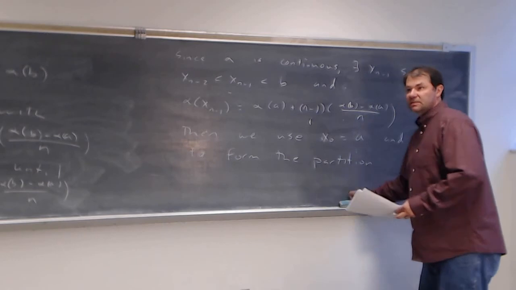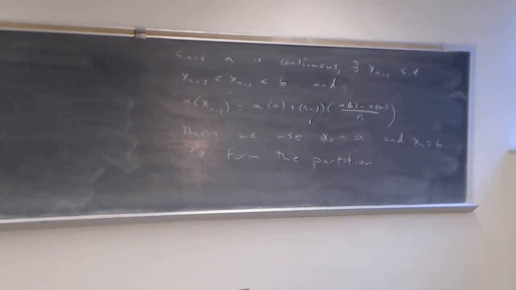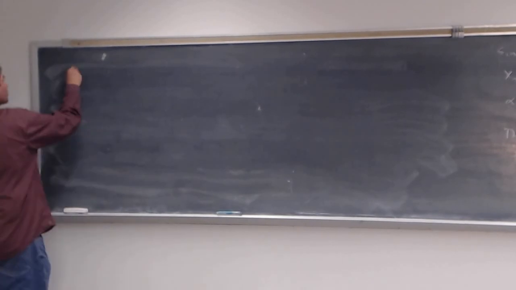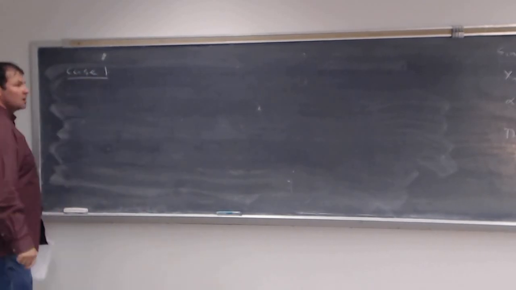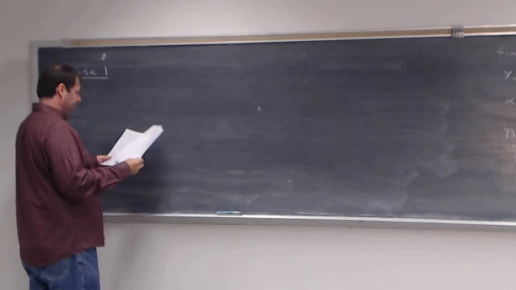Now we look at cases. So the first case, remember we're assuming that alpha is monotone. And so the two cases, we're assuming that F is monotonic.